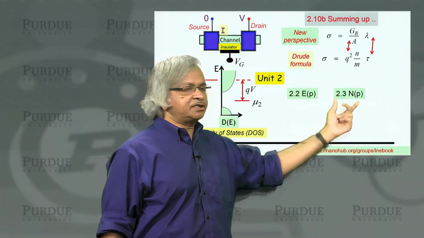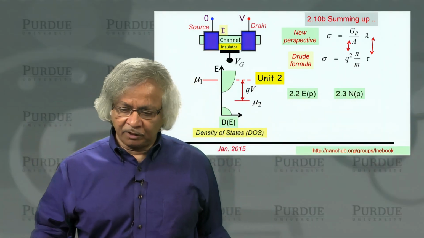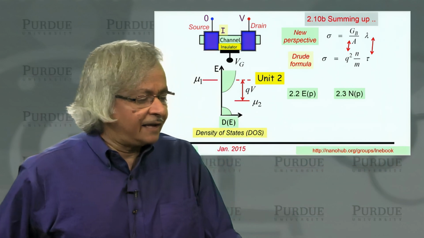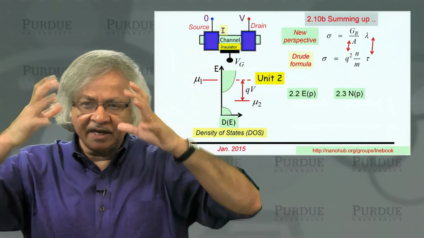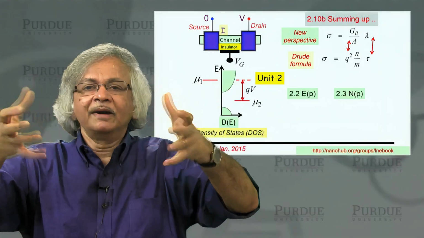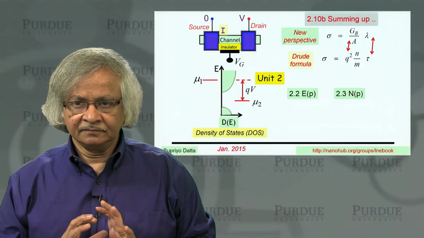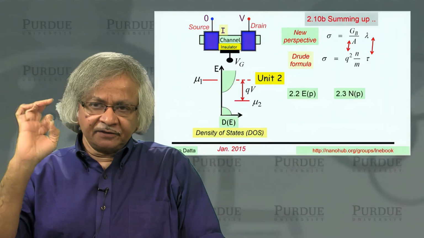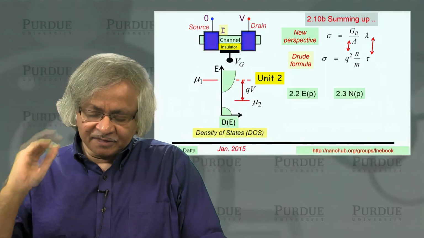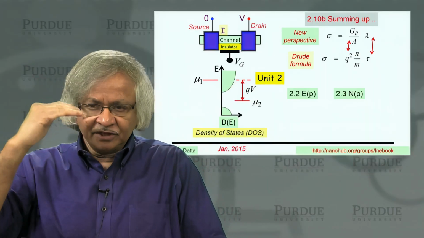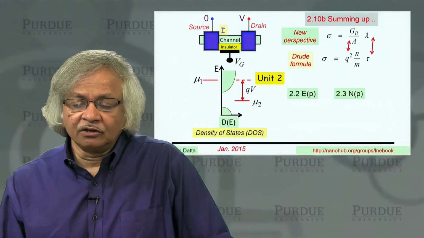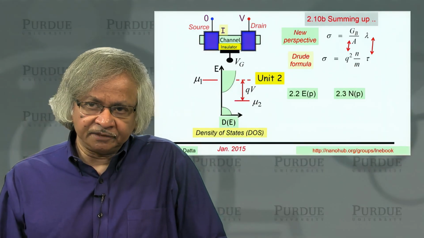And then we had lecture 3, where we introduced another important concept, and that is this N of P, which tells you how many states are available whose momentum is less than P. And there is a specific method, a specific scheme that people use to count states. That is, how many states are available, using what's called this periodic boundary condition.